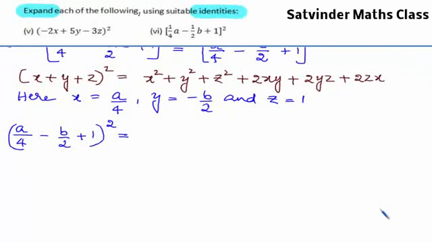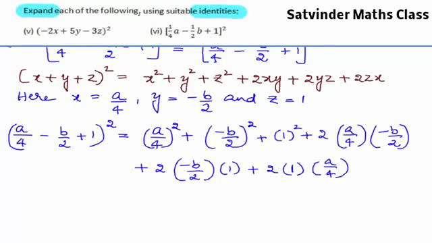Therefore, a upon 4 minus b by 2 plus 1 whole square is equal to a upon 4 whole square plus minus b upon 2 whole square plus 1 plus 2 into a upon 4 into minus b upon 2 plus 2 into minus b upon 2 into 1 plus 2 into 1 into a upon 4.